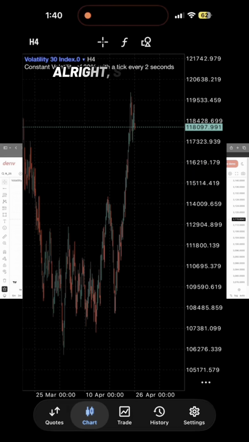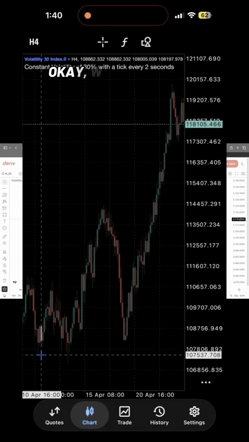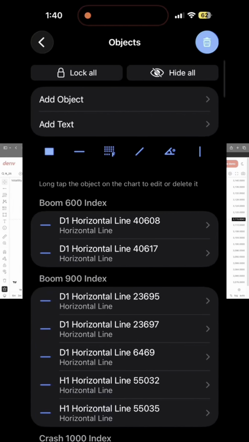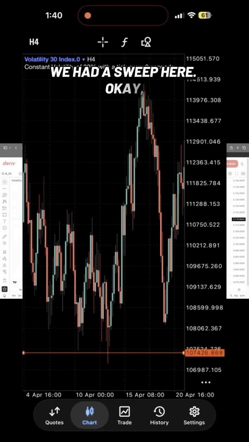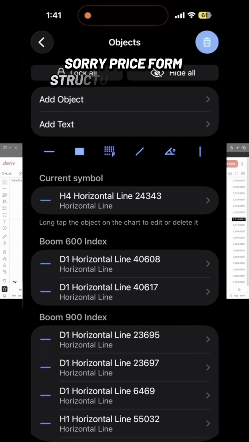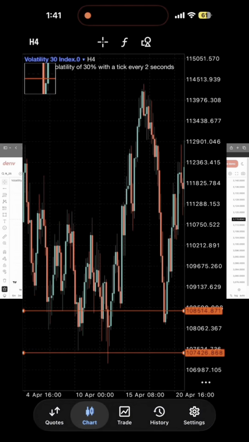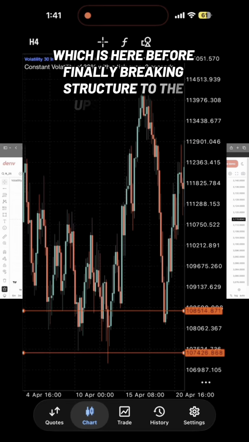All right, so we had a buy POI on V30. Okay, we had a sweep here, and then price broke structure. Sorry, price formed structural liquidity first, which is here, before finally breaking structure to the upside.